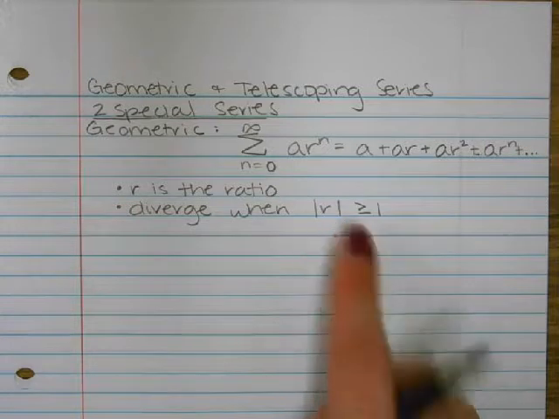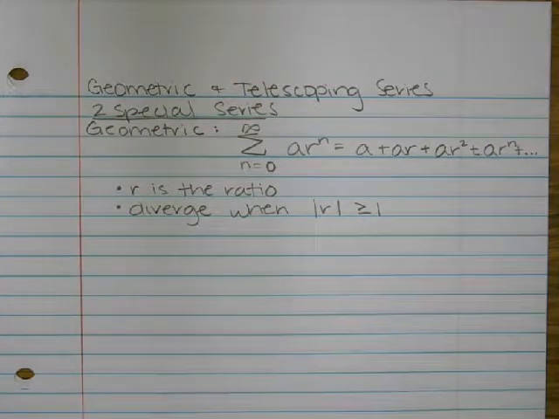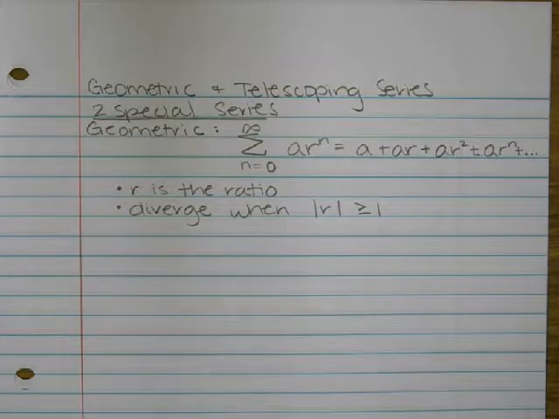If it's a positive r, then you're consistently multiplying by a bigger number, and your sum is going to get bigger and bigger, and it's going to diverge because the sum is going to go off to infinity. If you have a negative r, then your numbers are getting larger and alternating between positive and negative, and again, they're going to diverge.